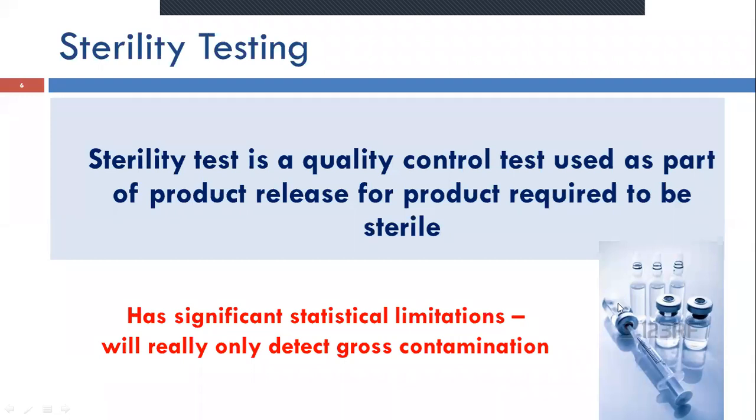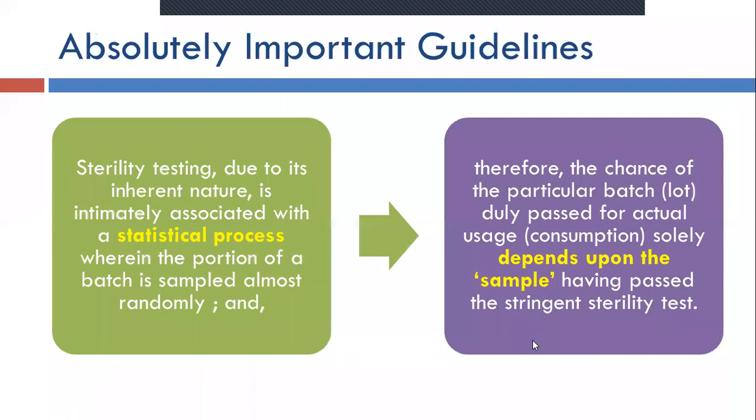So that is the reason a lot of guidelines are issued on how to perform the sterility test, and on what basis, when the test is passed, it has to be believed or reported. Now coming to these absolutely important guidelines. Why they are called absolutely important is that it is a must. These guidelines must be followed. There is no other alternative.